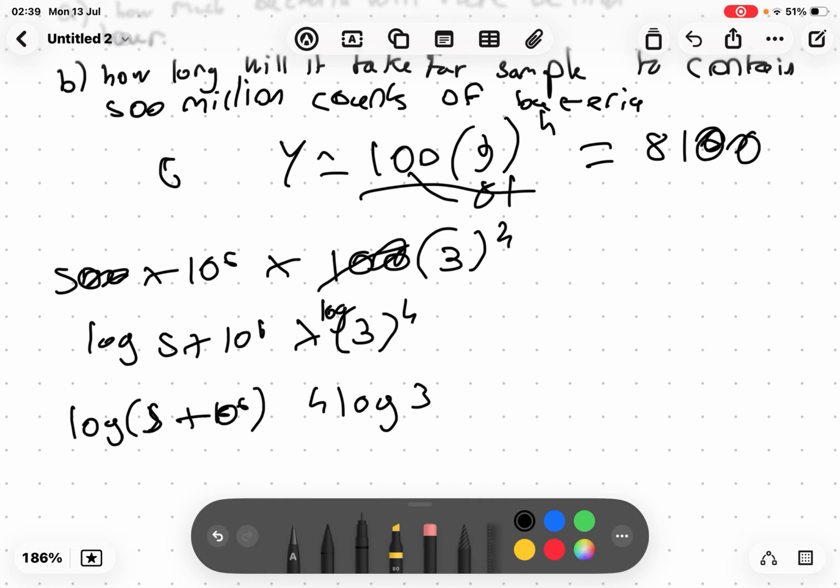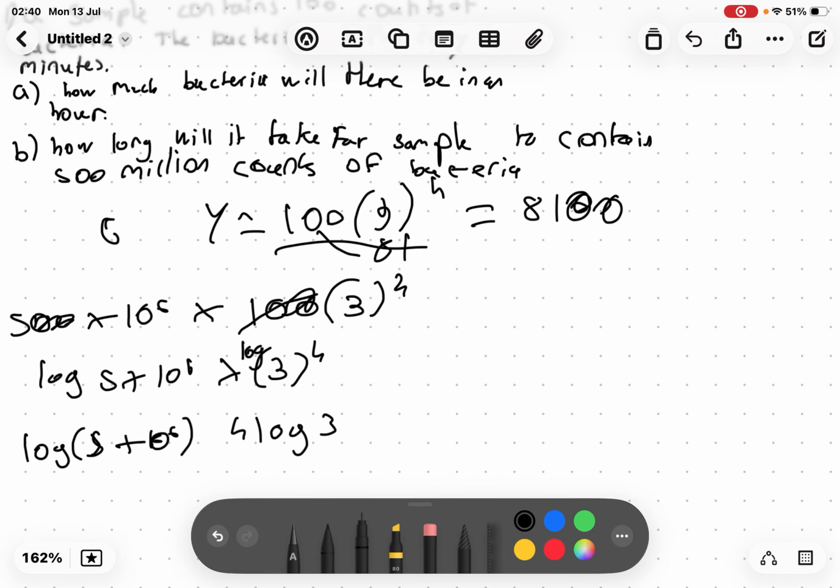And since we need, so wait, first of all we are looking for t, so how much time. The reason we kept the 4 for this question is because we go by hour, right?